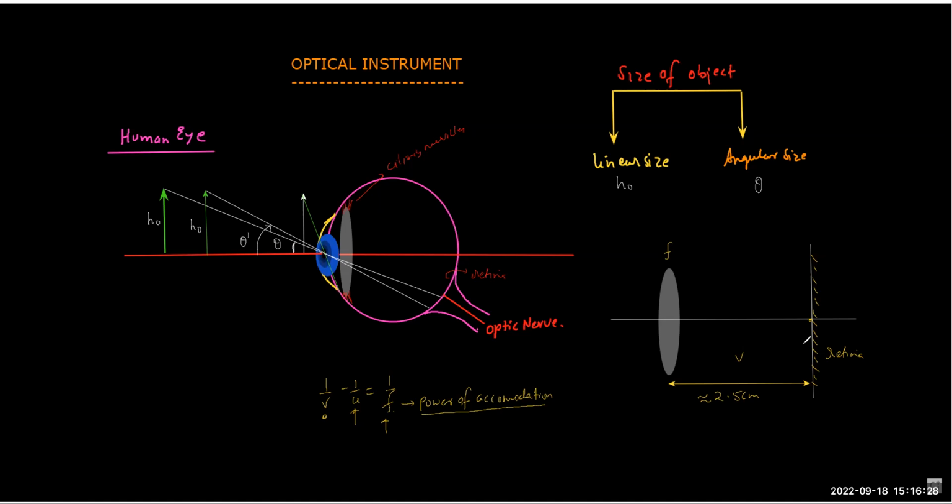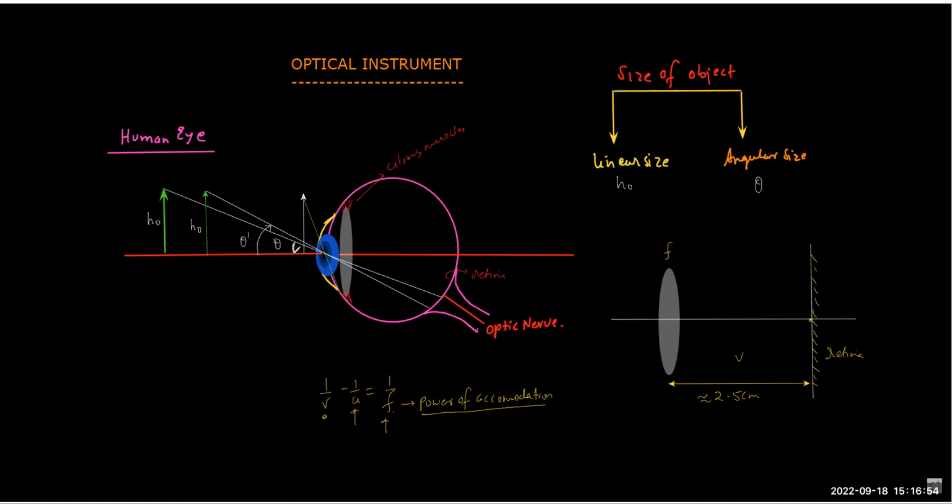If you fail to do so, then the image will be blurred and you won't be able to see it clearly. Coming closer to the eye will of course increase the size, but that size is meaningless because although it's big, it's blurred. So what we want is that the final image should be on the retina and the object should be clearly visible to the brain.